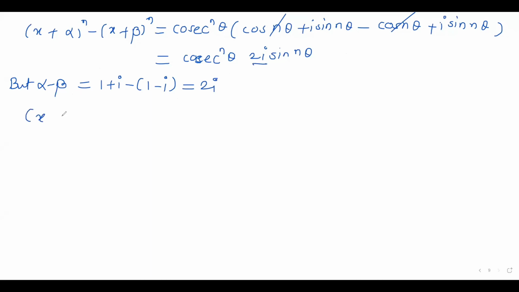So this is x plus alpha raised to n minus x plus beta raised to n is equal to alpha minus beta into sine of n theta into cosec raised to n theta. So यही हमको प्रूव करना था, right? Hence proved.